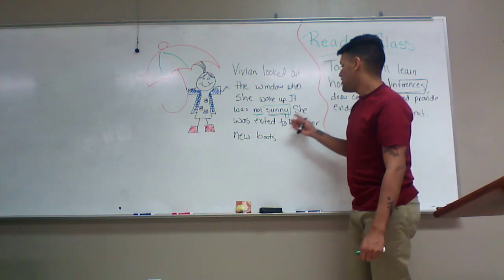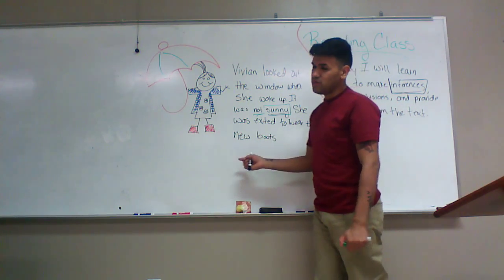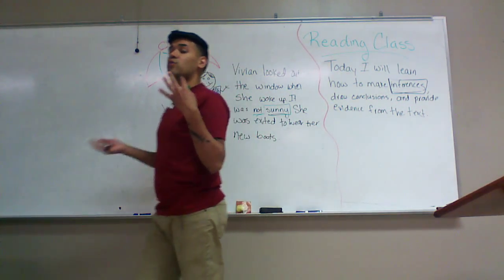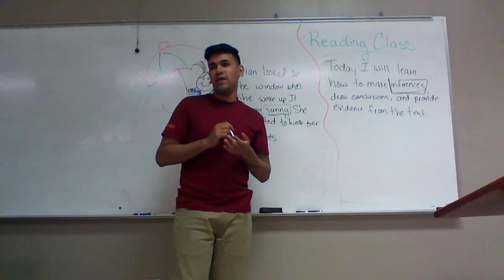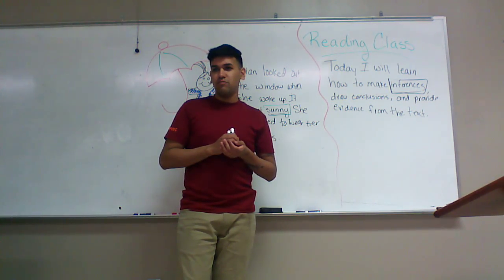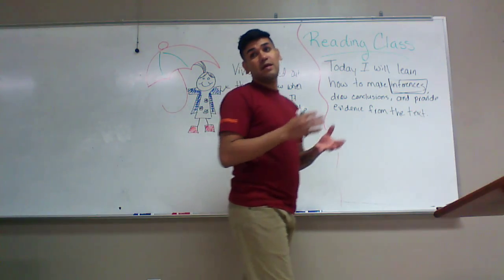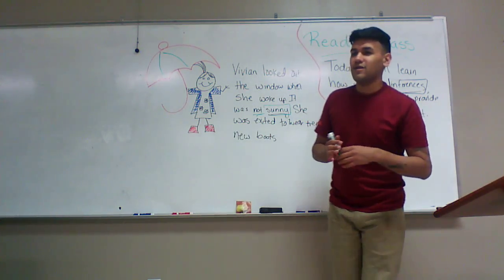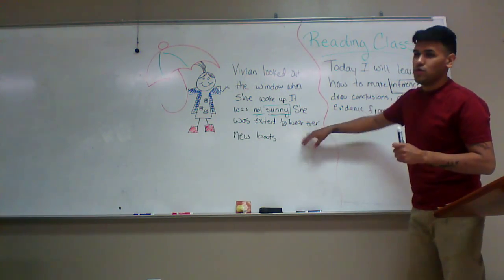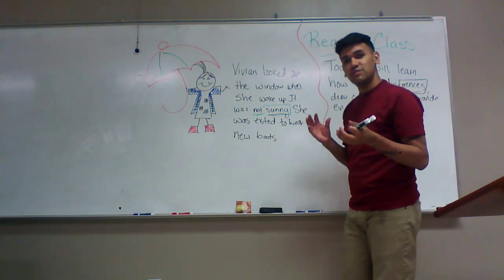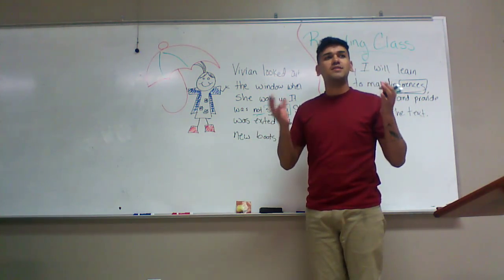And she was excited to wear her new boots. What could possibly be going on outside? Maybe it's about to rain, or it's raining already, correct? So here, we use our prior knowledge, our evidence, our understanding.